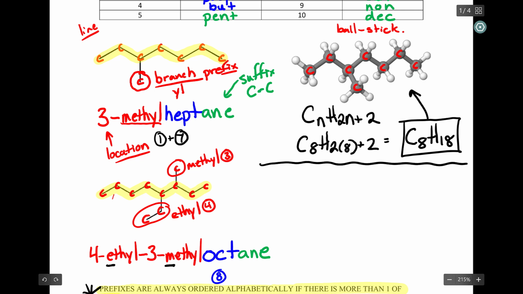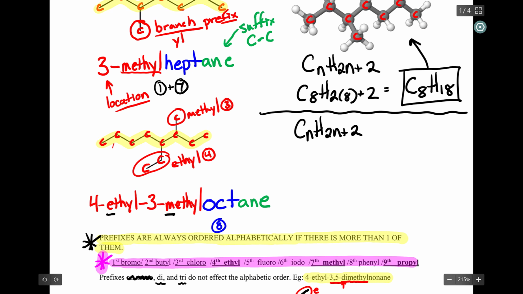So let's do it for the second one. In the second one, I'm also doing an alkane, so it still follows the CnH2n plus 2 formula. I have to count up everything. So down here, eth is 2, meth is 1, and oct is 8. So that's a grand total of 11 carbons.